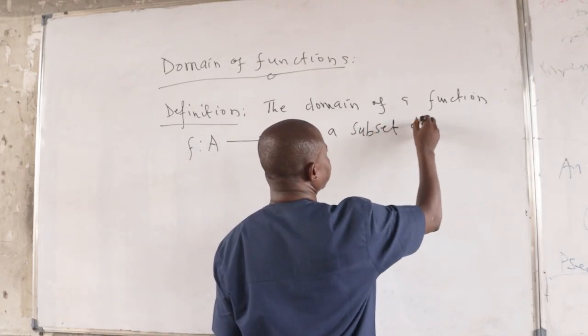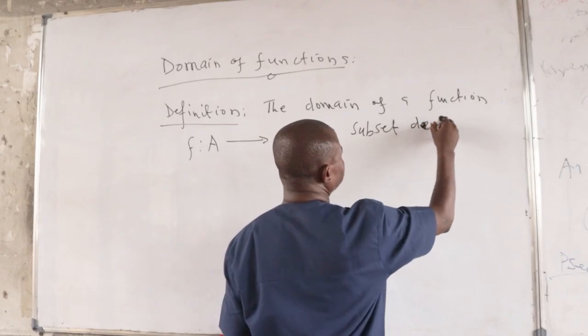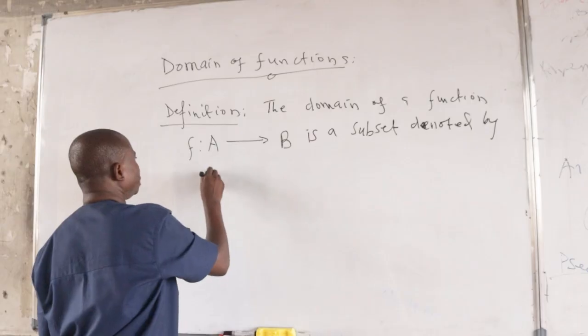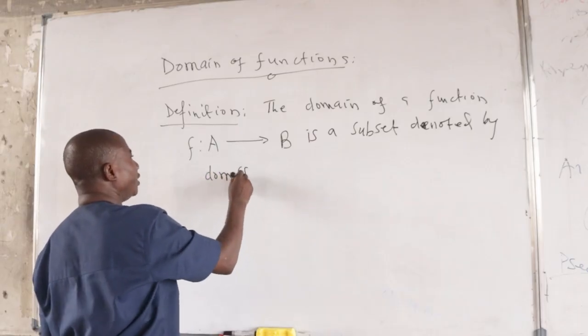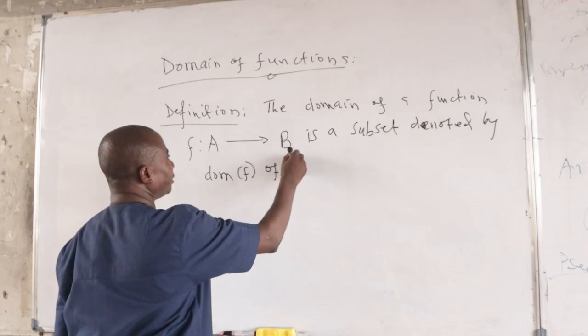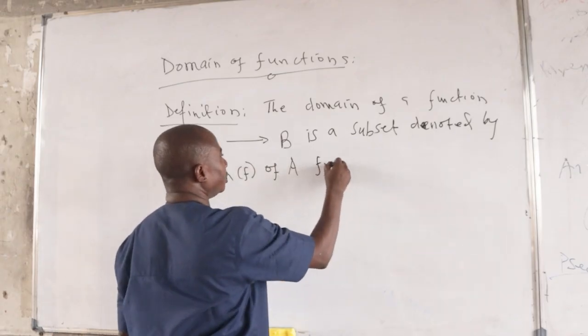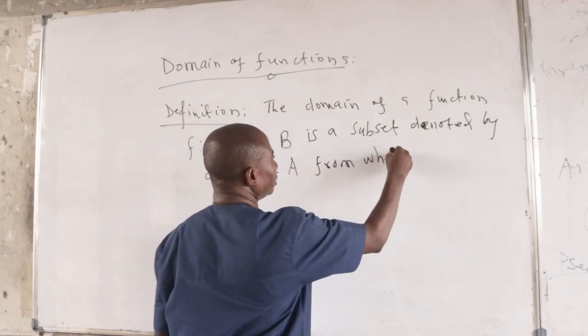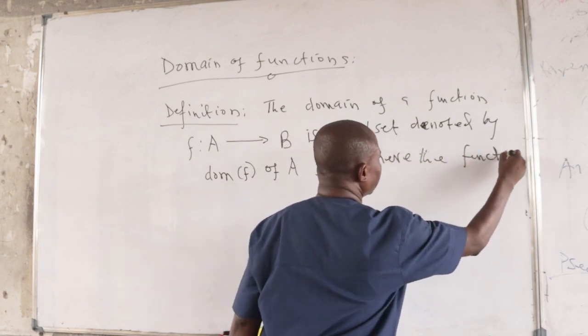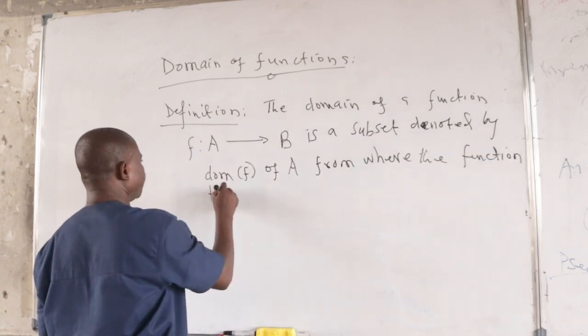I denote it by this: DOM of F, subset of which set? Of the set A, from where the function takes its values.